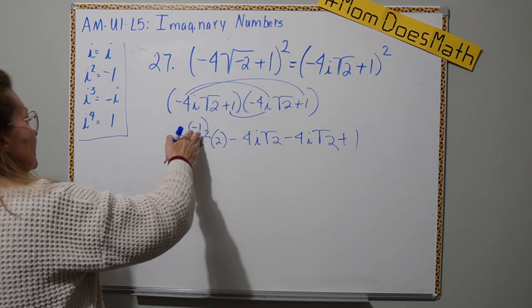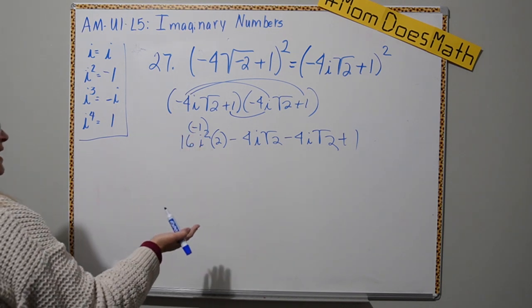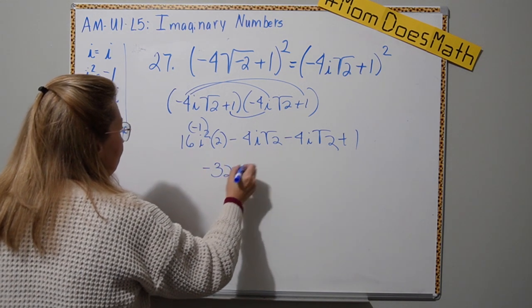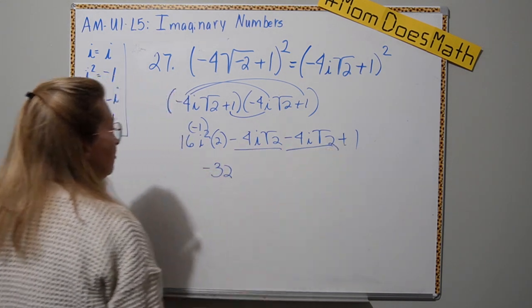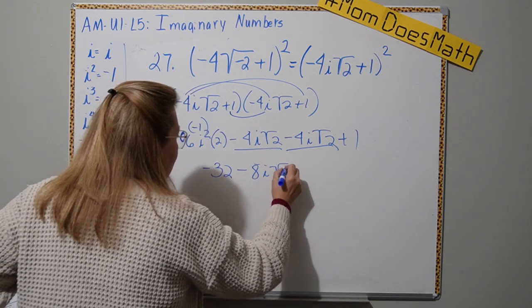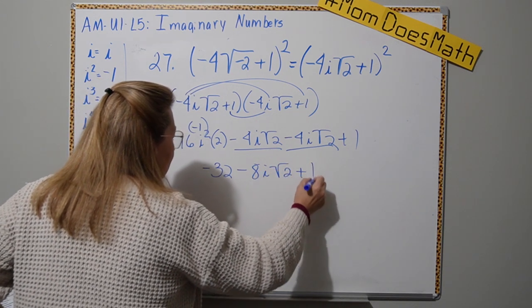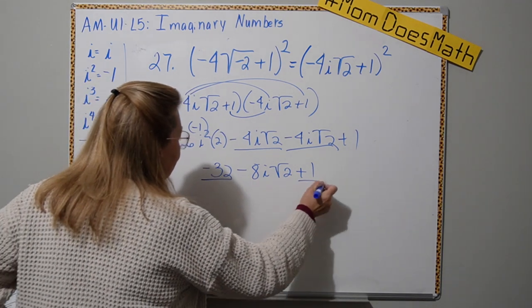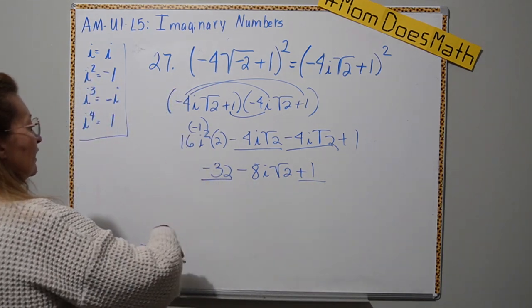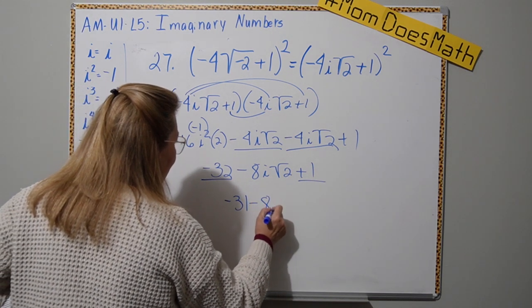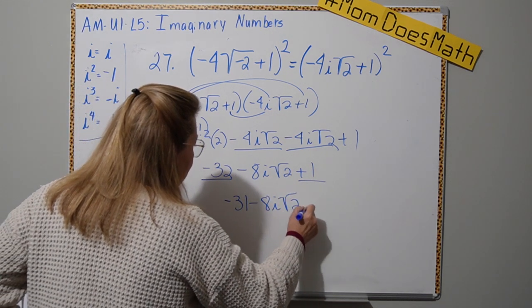So 16 times negative 1 is negative 16 times 2 is negative 32. All right, these two combine to become negative 8i square root of 2. Then you got that plus 1. One more thing to do. We can combine these two things. Negative 32 plus 1 is negative 31 minus 8i square root of 2.